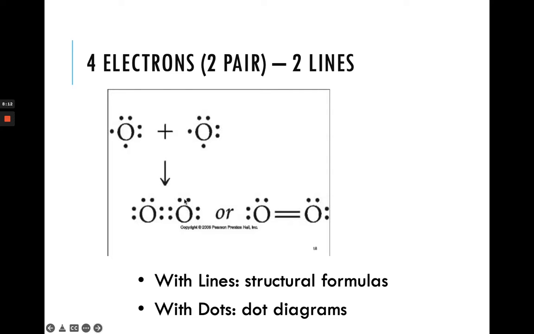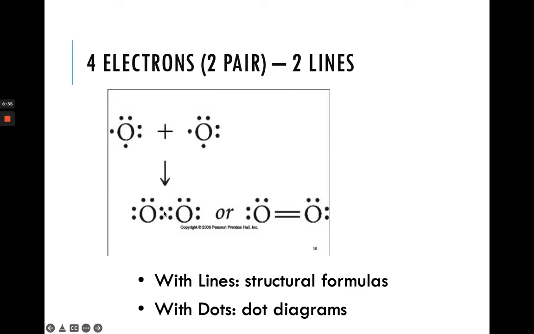So this oxygen has the non-bonding pair on the top, the non-bonding pair on the side, and it is contributed to these 4 that are here in the middle called the bonding pairs. And so if you think about what's adjacent to this oxygen, you have 8, and you also have 8 over here. And so you have a complete octet, fulfills the octet rule.